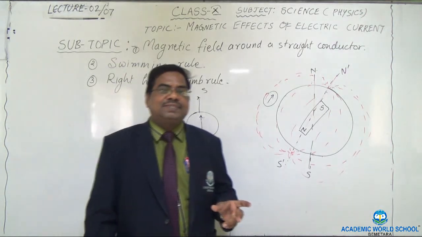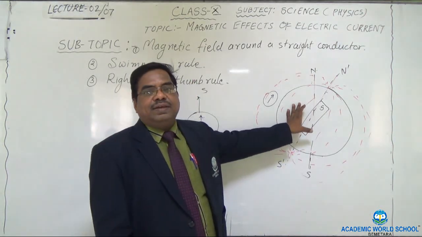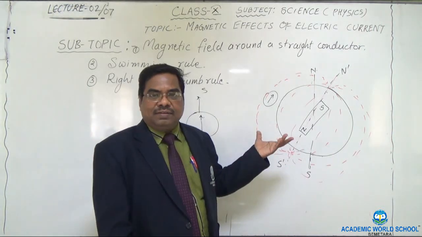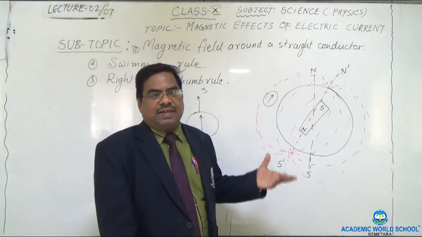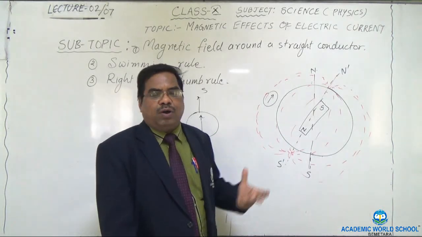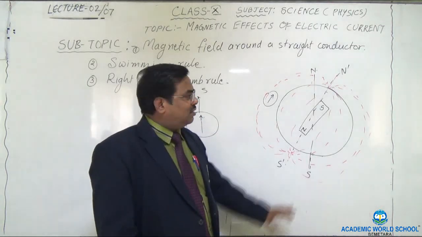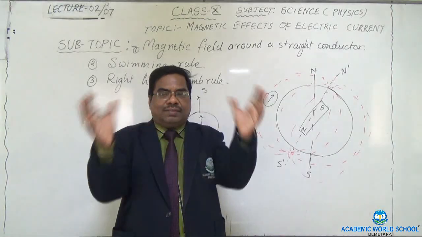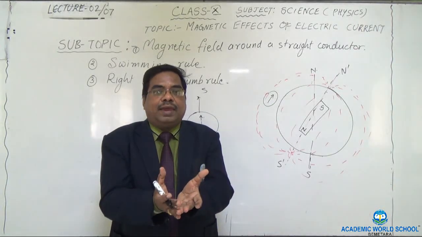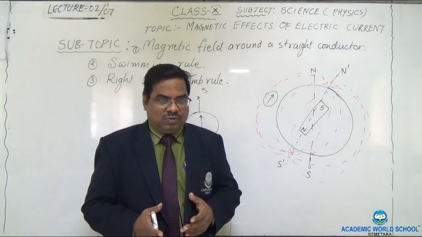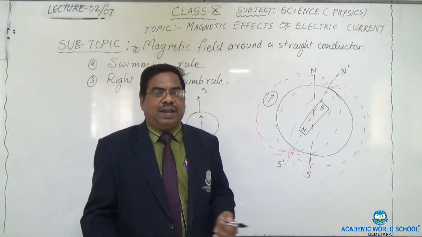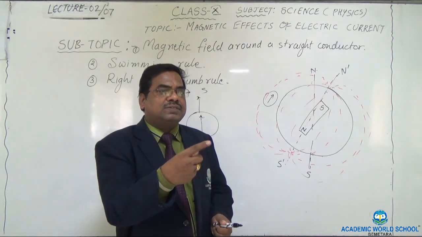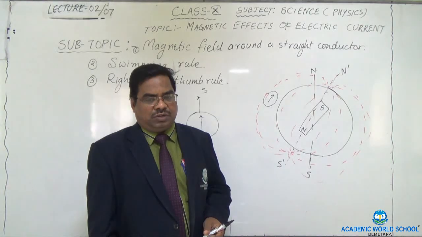Okay, the reason is the earth itself is a huge magnet. You know, earth is made up of several layers, and in the inner core of the earth there is molten material. Due to that, earth also has a magnetic property. So the earth will behave like a huge magnet, and on the earth we are standing and we keep any compass, then the needle of the compass starts showing one direction.